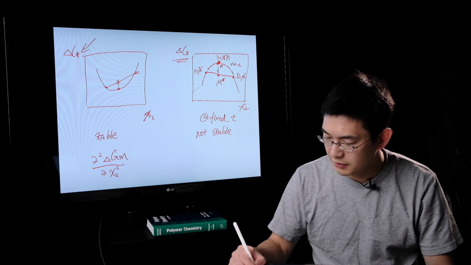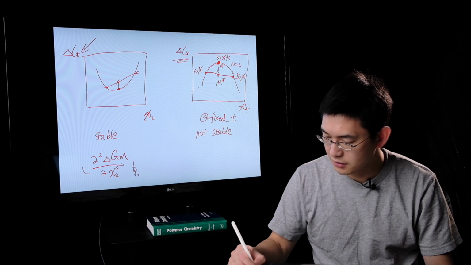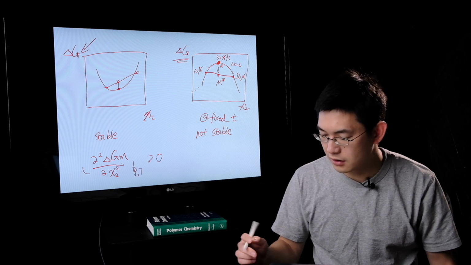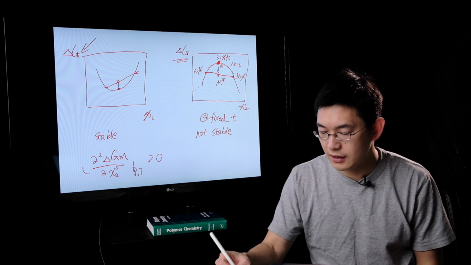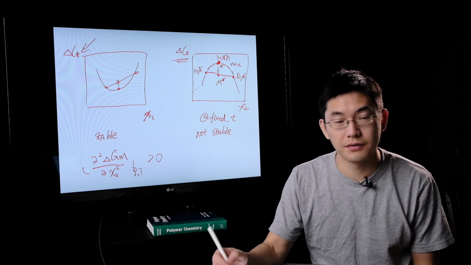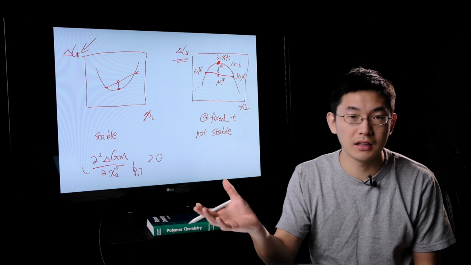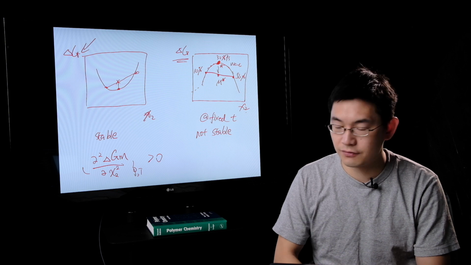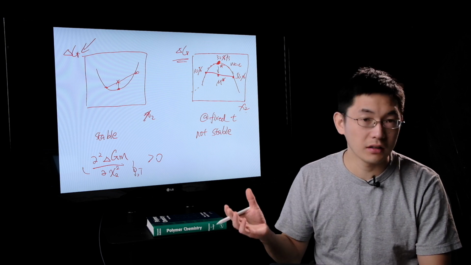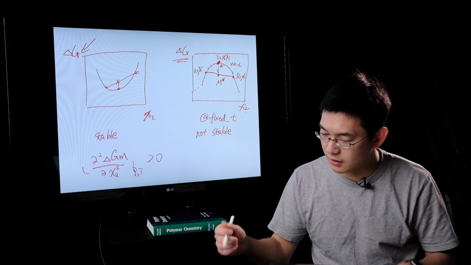Take a second derivative at constant pressure and temperature. If it's larger than 0, at any data point on this curve it will always be concave up, because the second derivative defines whether your curve is a parabola facing up or facing down.